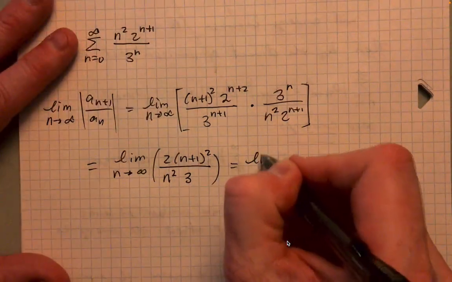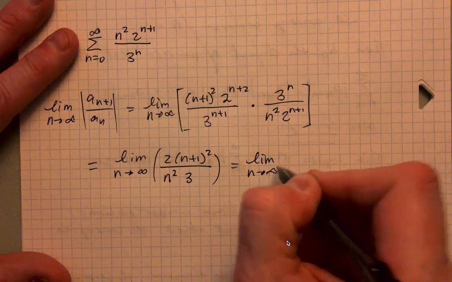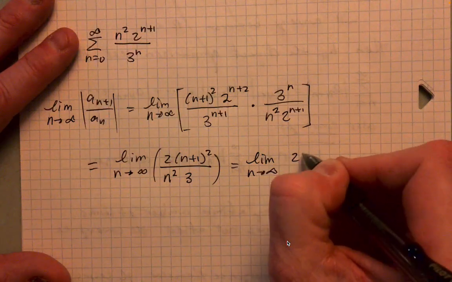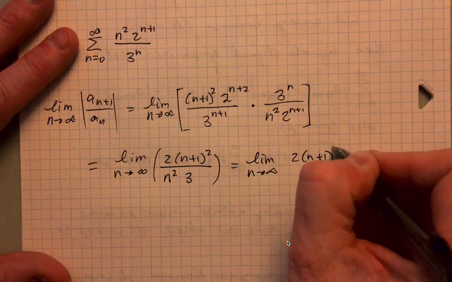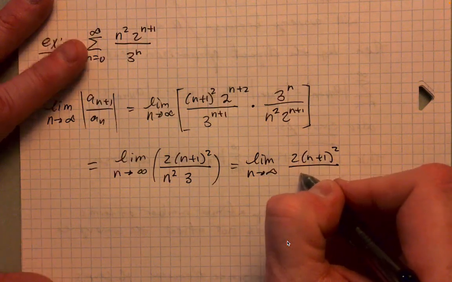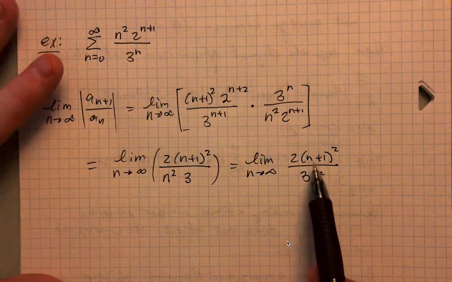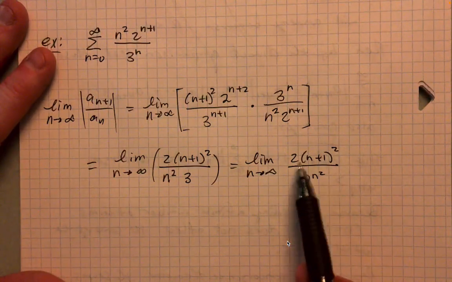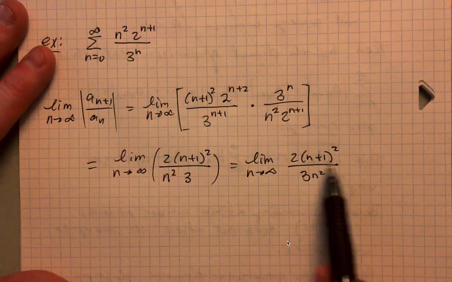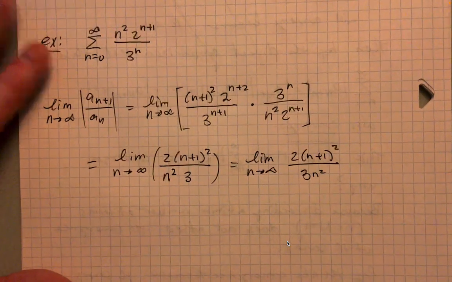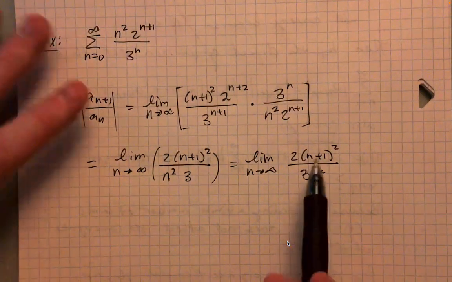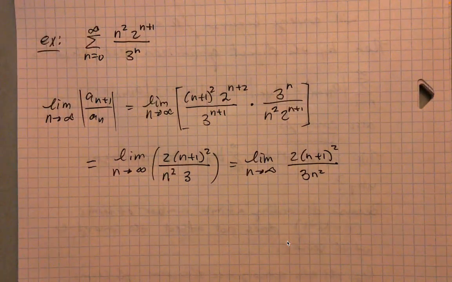All right, so let me rewrite this slightly. Now, the thing to notice here, and you could verify this by just expanding this n plus 1 quantity squared, is that this is going to be a second degree polynomial up top, and the leading coefficient is going to be 2. This is going to be 2n squared plus something or other.